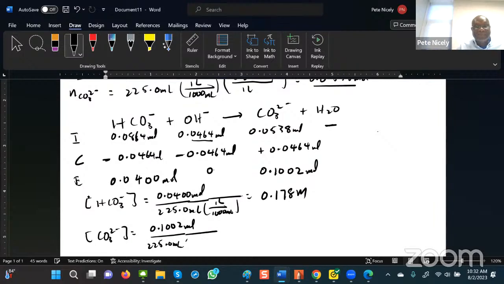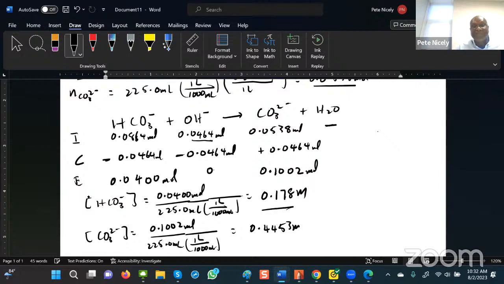And again, we convert to liters. And let's see what that gives, 0.1002 divided by 225. Okay, so I got 0.4453, 4 sig figs, so 0.4453 M, all right?